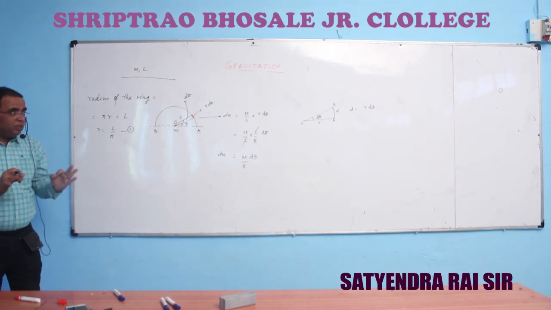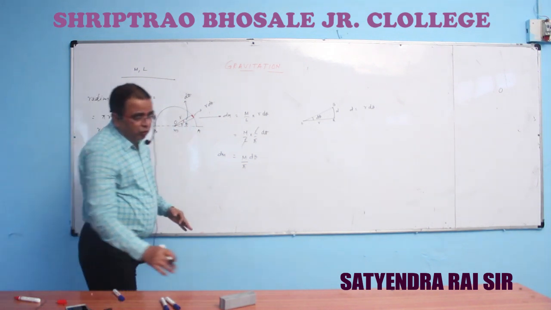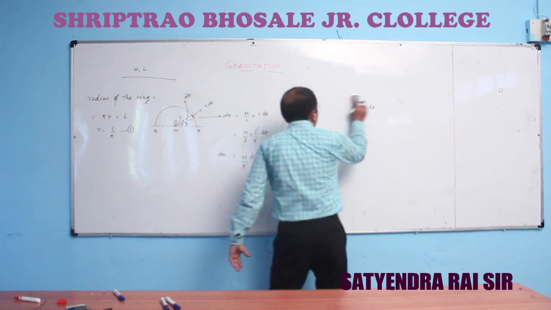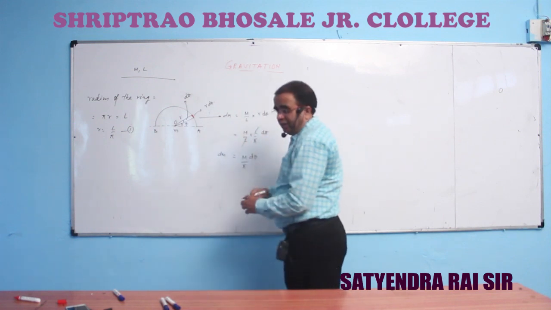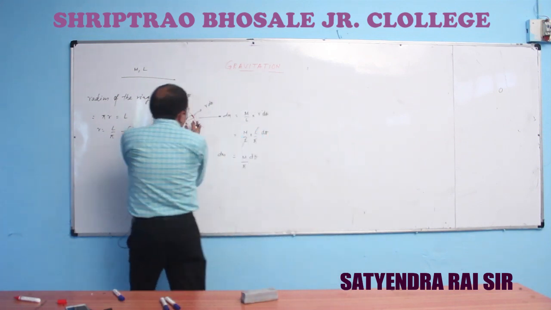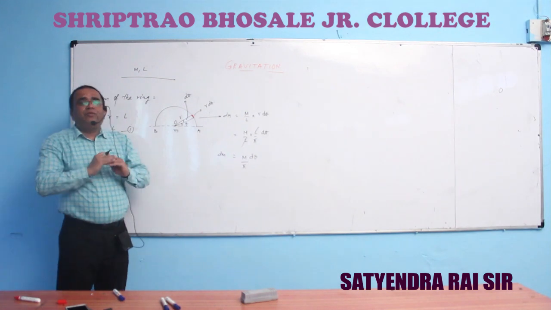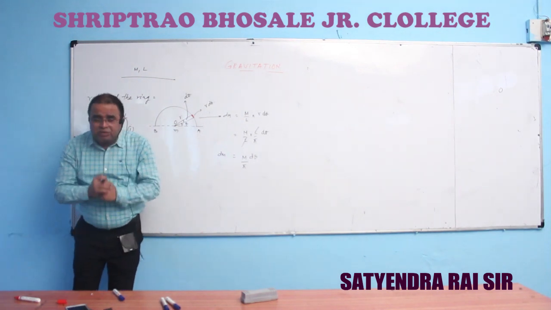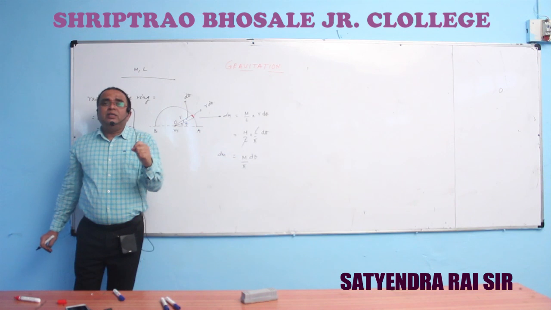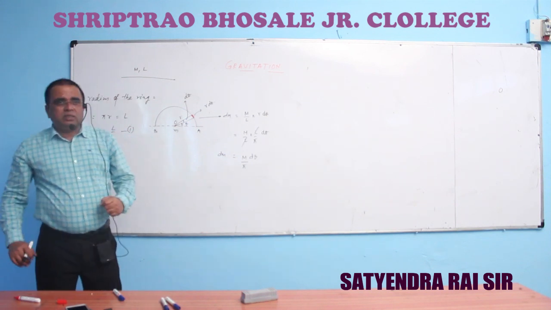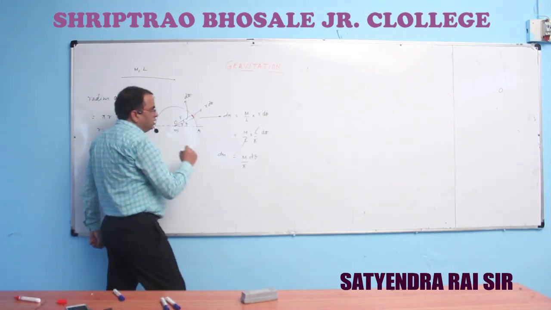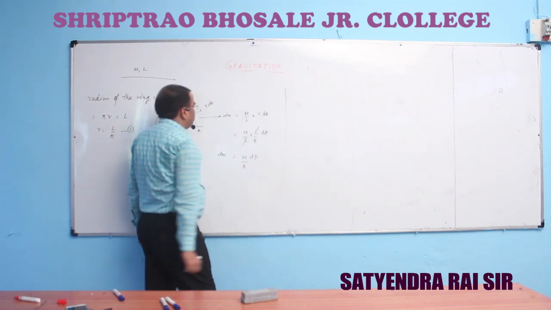Now we are in a position to apply the law directly, because this infinitesimally small element can be treated as a point mass. Then I can write down the force.